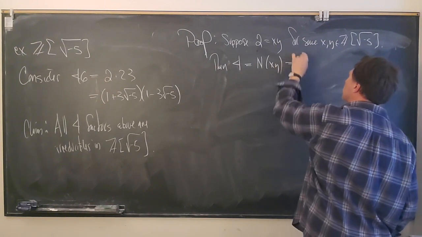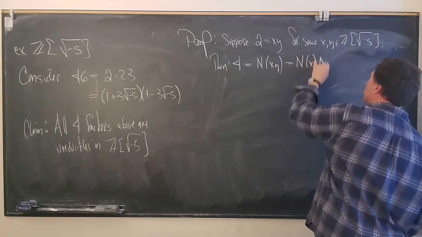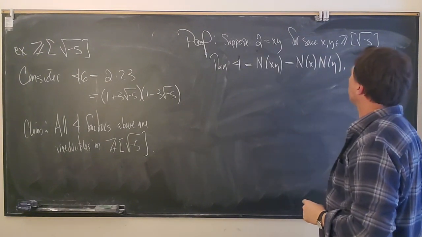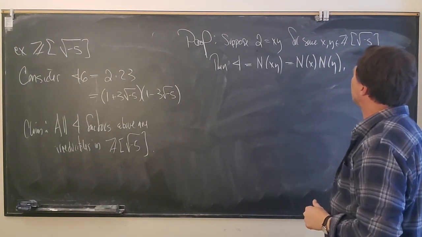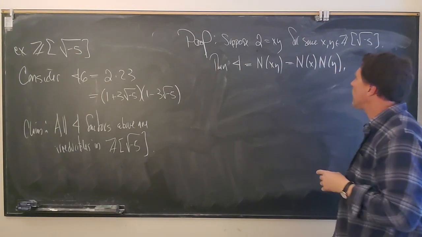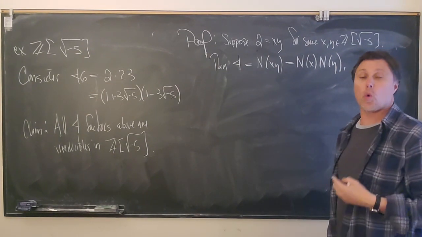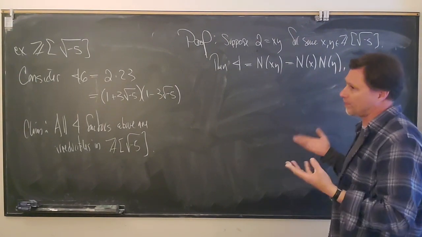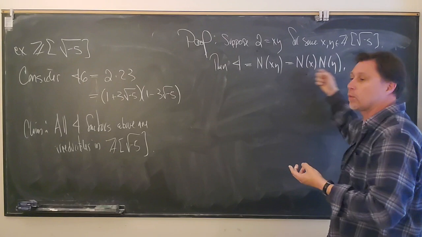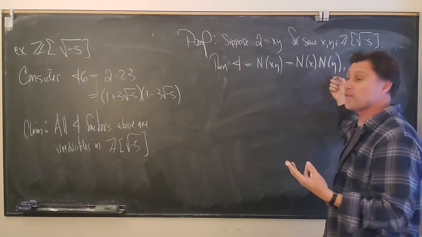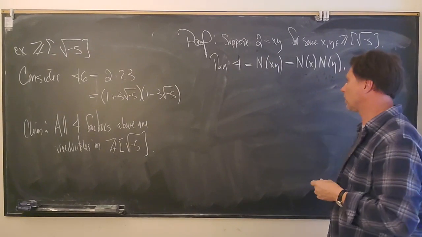And because we've got a multiplicative norm, that's norm of x times norm of y. Now what I want to do is show that the norm of x or the norm of y has to be 1. So if one of them's 1 and one of them's 4, then we conclude that we've got an irreducible. If both of them are 2, then something goes wrong, right?